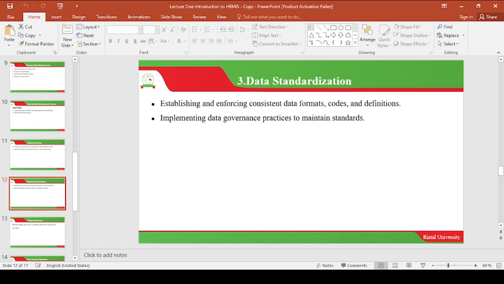Then data standardization is step number three. So you need to establish and enforce consistent data formats, codes, and definitions. For example, if the ID number of the employees is, let me take the example of this university, RIU 001. Okay, that's an employee ID number.